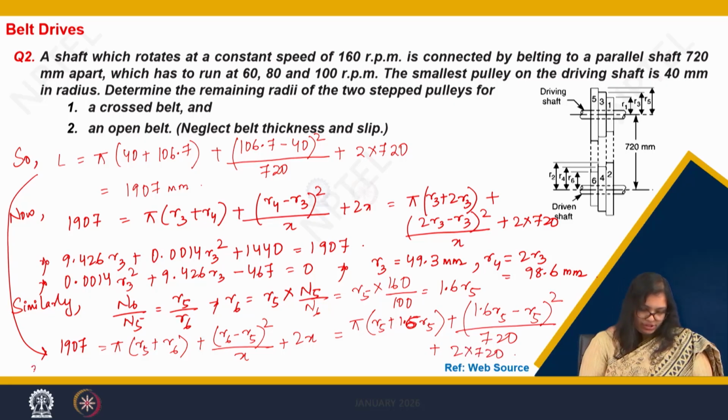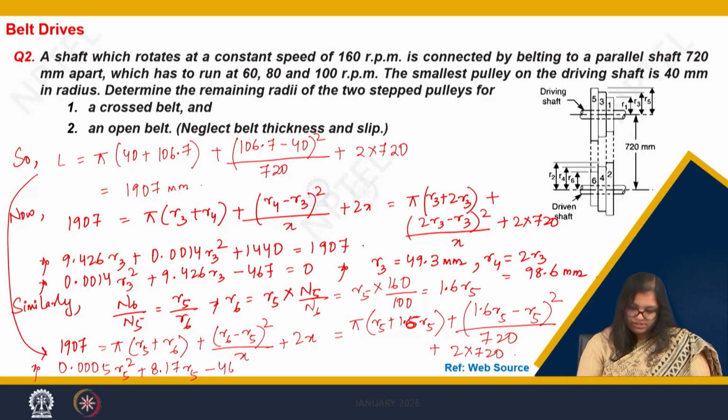So this equation boils down to 0.0005 R5 square plus 8.17 R5 minus 467 is equal to 0. So this gives us R5 is equal to 60 mm and my R6 is equal to 96 mm.